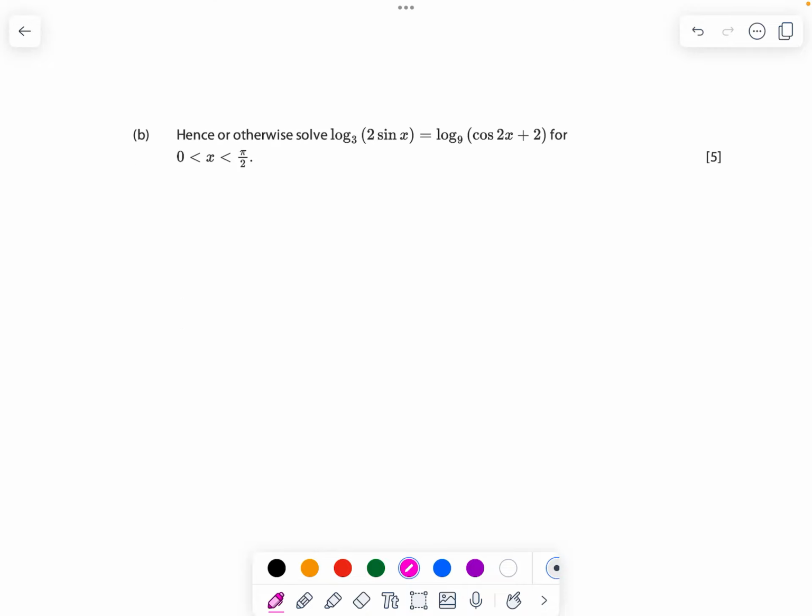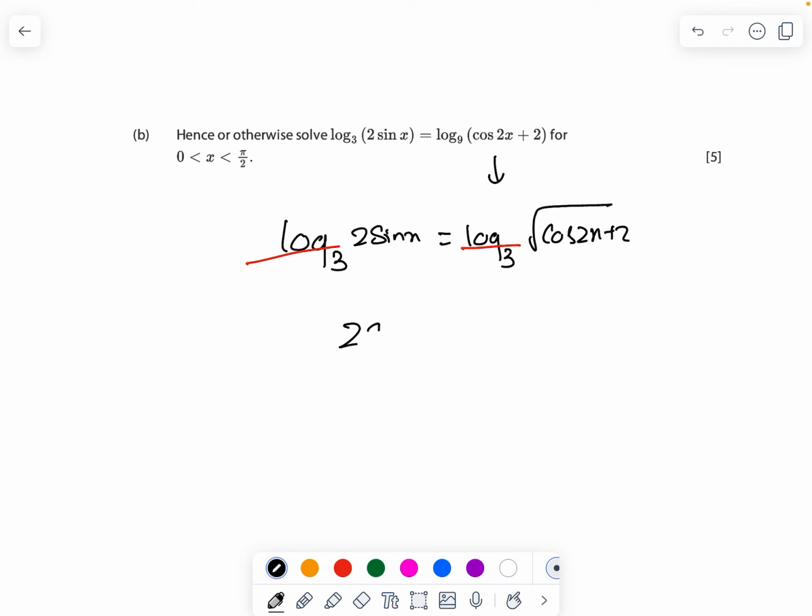Hence or otherwise solve this. So just now we came to know that log base 9 of this is nothing but log base 3 of the square root of cos 2x plus 2. So log base 3 gets cancelled. So what am I left with? 2 sin x equals the square root of cos 2x plus 2, squaring on both sides.